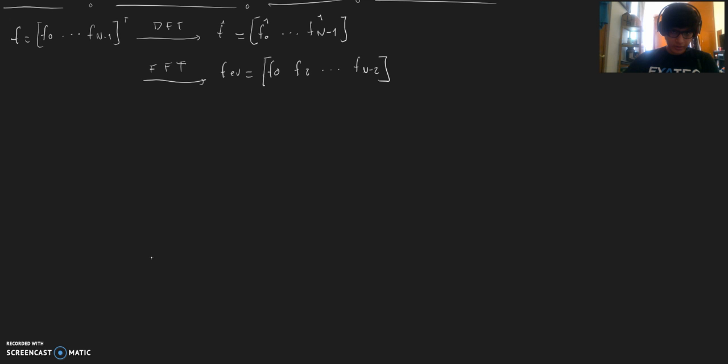This will give us all the even elements of the Fourier transformation, and all the odd values, something like this to fn minus 1. And this will give us all the odd values.